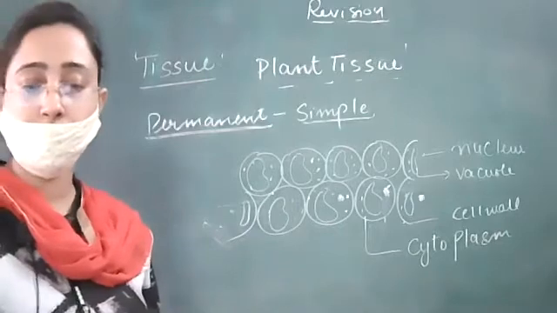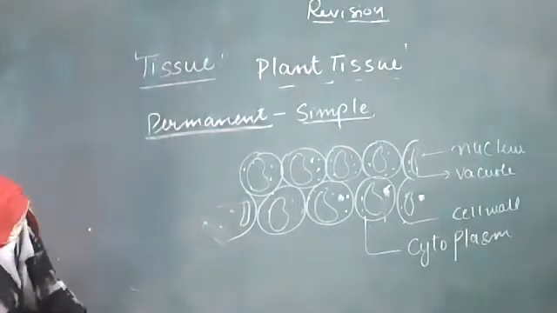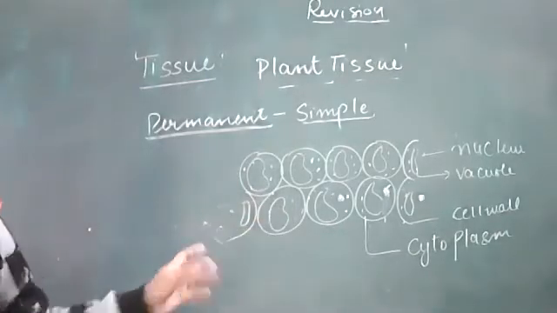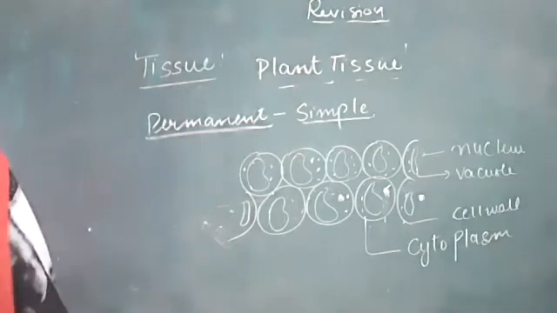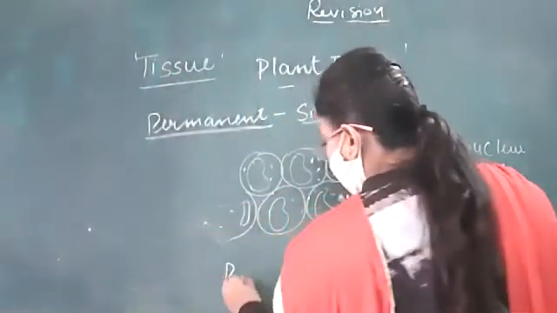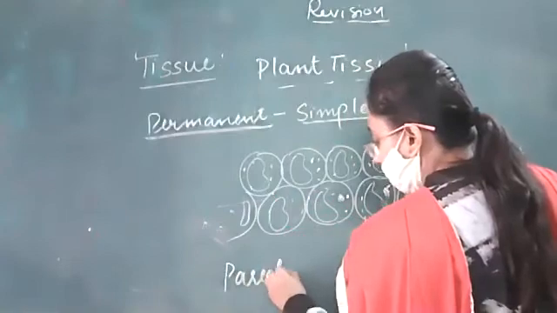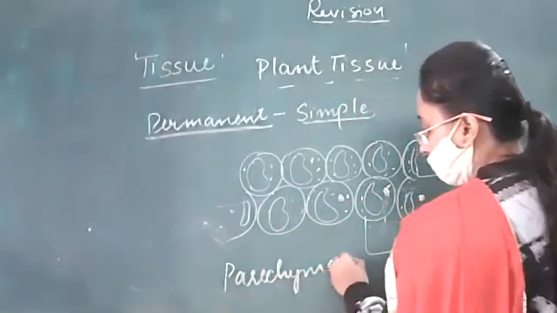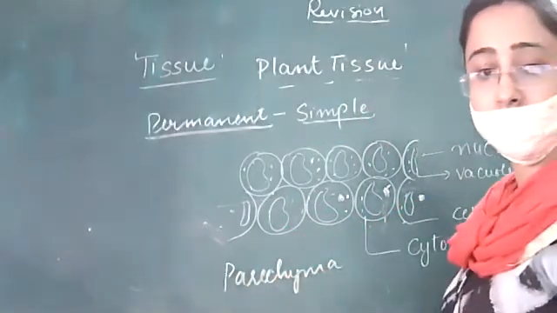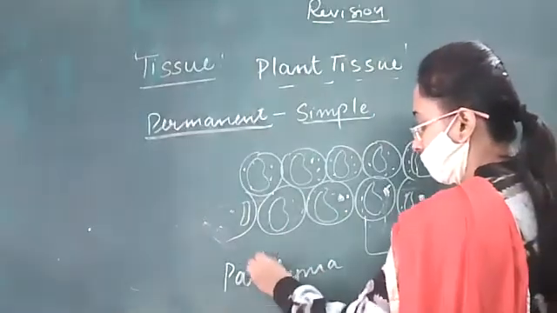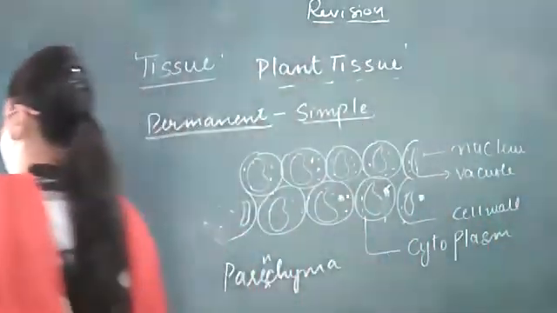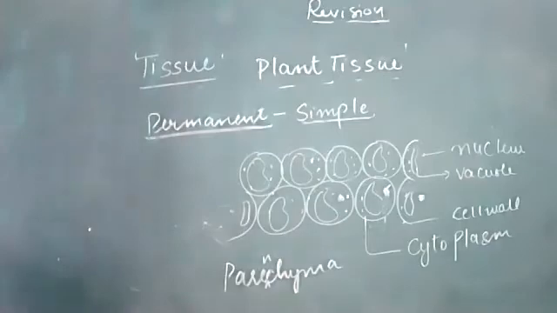Now talking about collenchyma. Next, this is parenchyma. You can write down here, this is parenchyma, the first tissue. Okay? Parenchyma. So the next one is collenchyma.